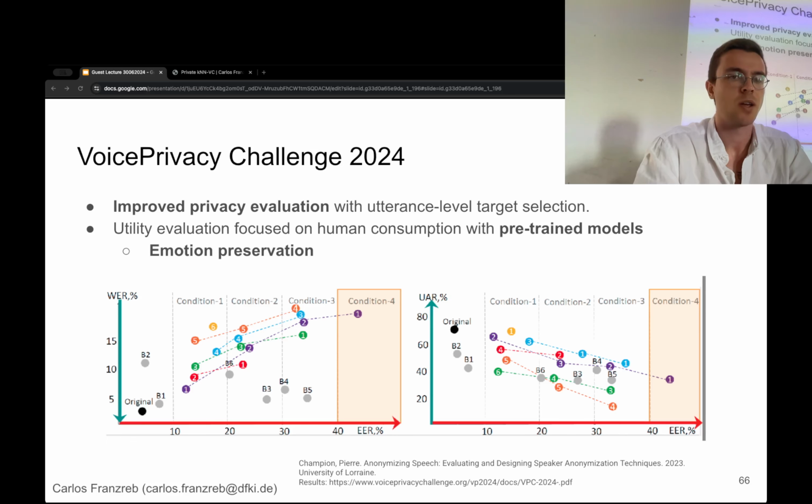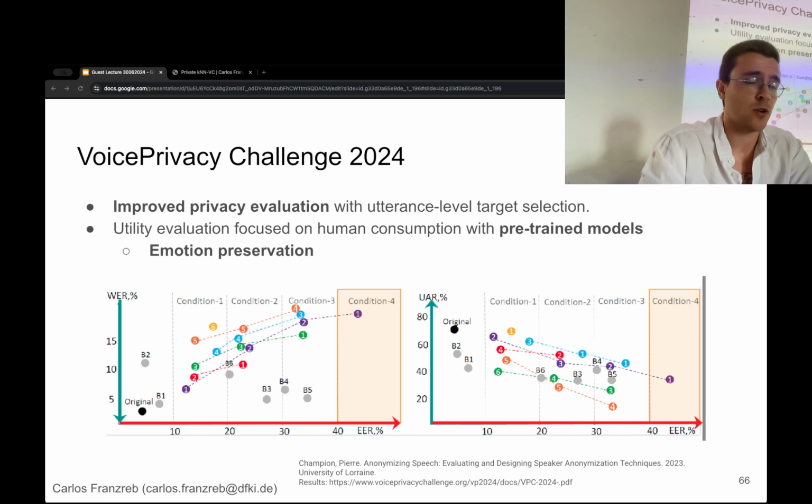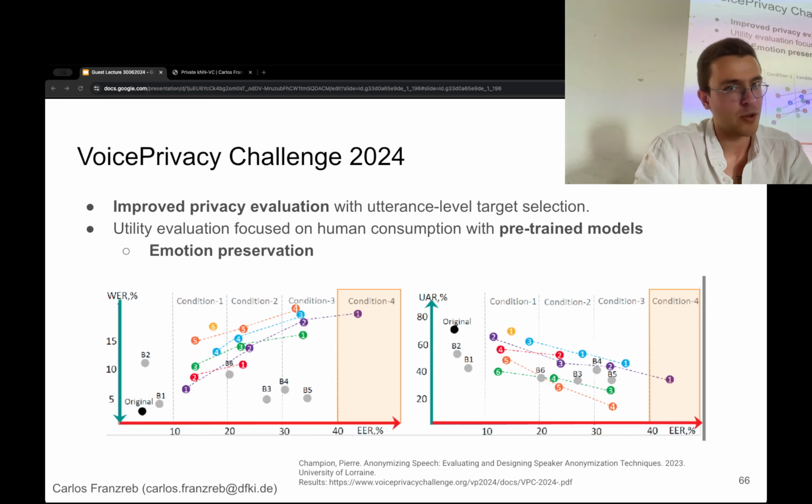And you can see how different systems work better than others, but also the trade-off that increasing privacy inevitably comes at the cost of some utility. And here they also made an improvement on the privacy evaluation, where speakers were not always anonymized with the same target. And this increased the performance of the evaluation substantially.